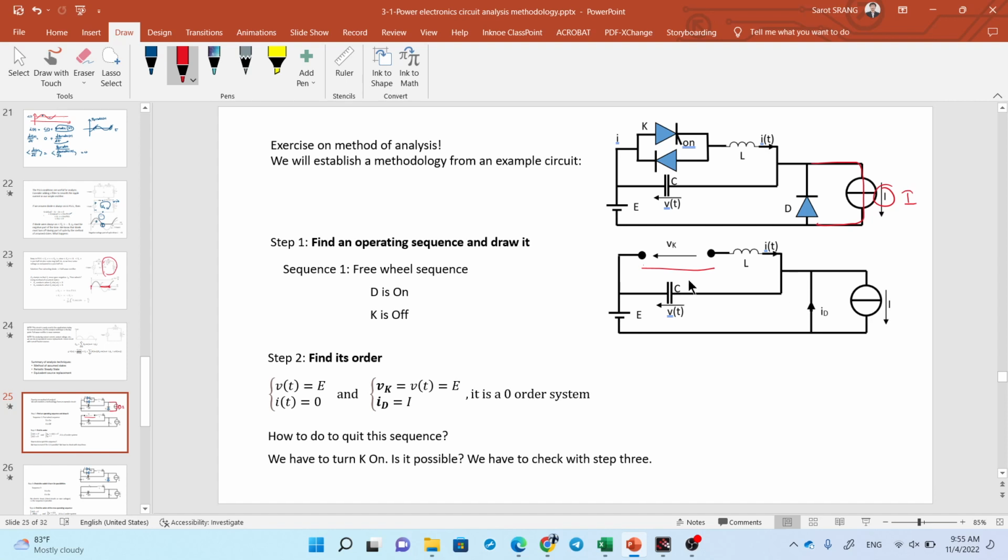Right? And what happened? What we are interested in, or what we should make as variables for the differential equation, are the voltage at the capacitor and the current on the inductor, because these two are storage elements.